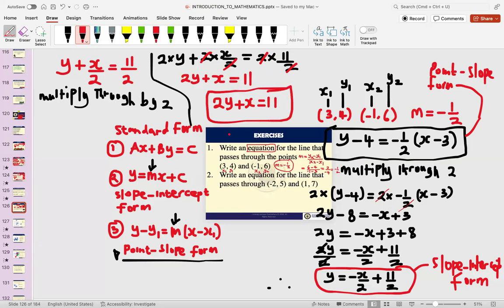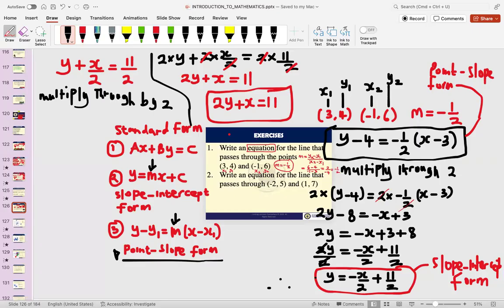So, ladies and gentlemen, we've been able to write the equation in all the three forms. The same question, if you want to leave your answer in standard form, this is how it will appear. Both y and x are on the same side. And then c, which is a certain number, is on the right-hand side.